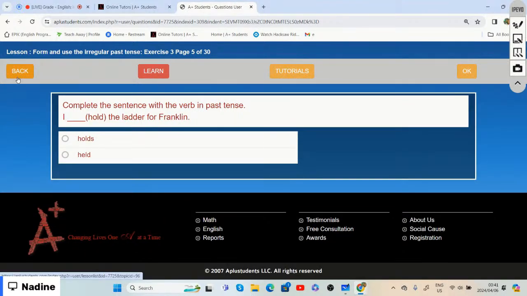All right, one more, and then we're going into the last one. It says, I hold the ladder for Franklin. What is the past tense, I hold or I held the ladder for Franklin?